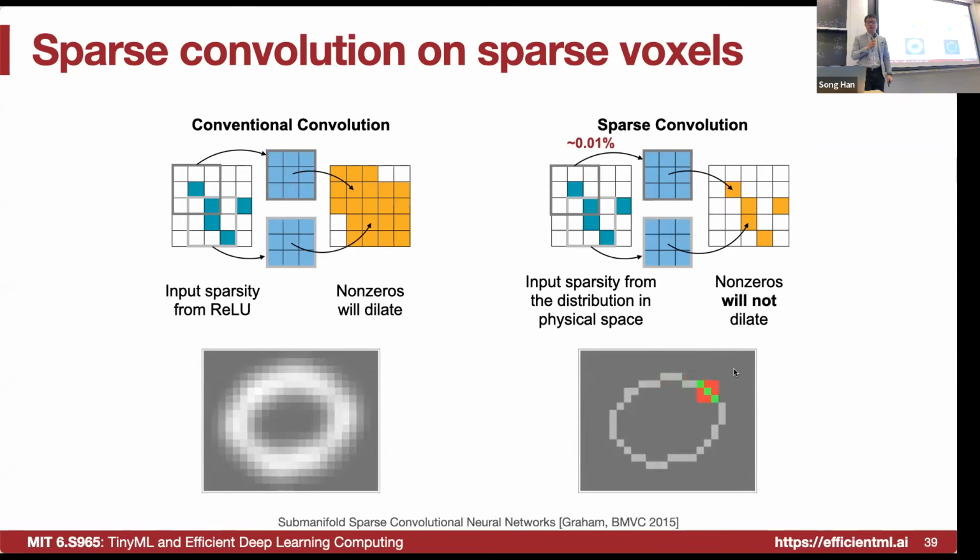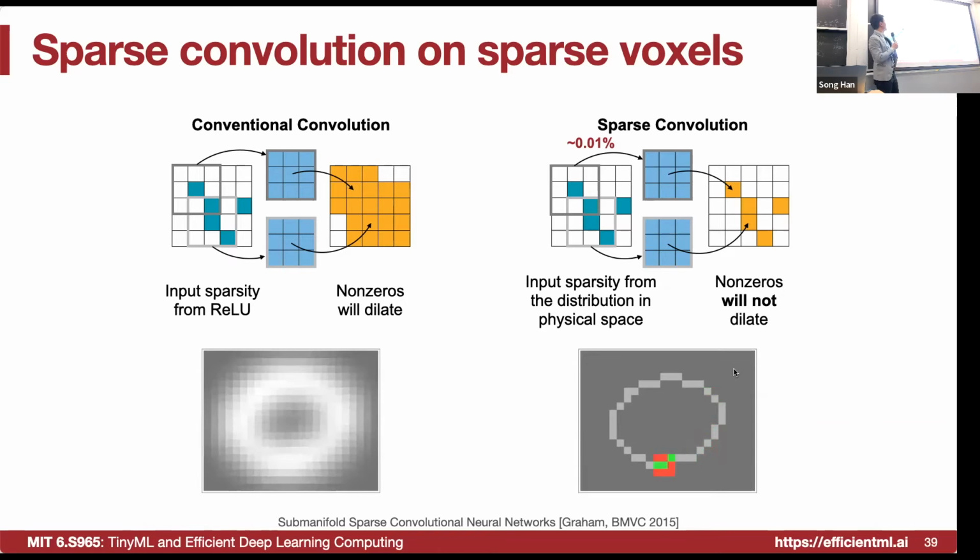Running convolution on a sparse point cloud is different from conventional convolution, right? With conventional convolution, the sparsity gets denser and denser, and we call it dilation. We start with something, maybe a ring that is very sparse to begin with. After a few layers of convolution, it will gradually become denser.